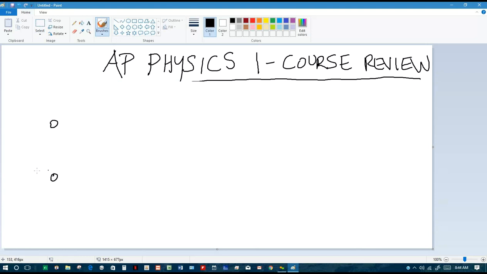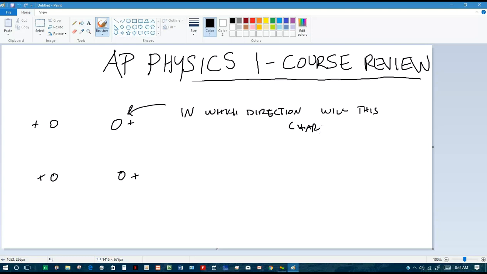A common occurrence of using that might be Coulomb's law, where they say this is a charge. All these charges are placed on paper, equal charges, and they would ask in which direction will this charge move?